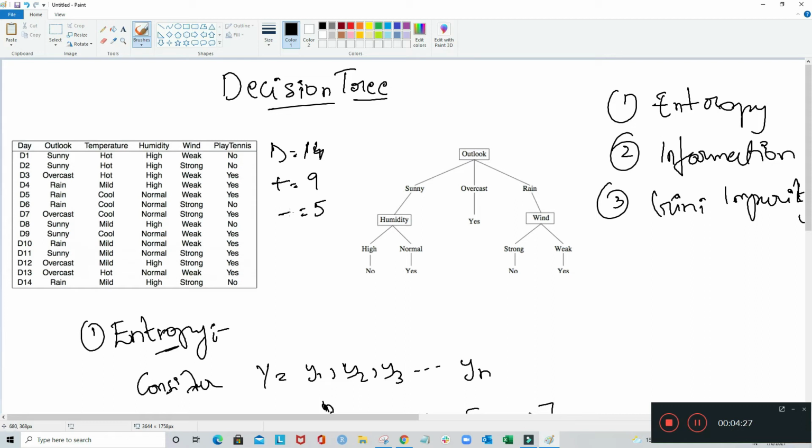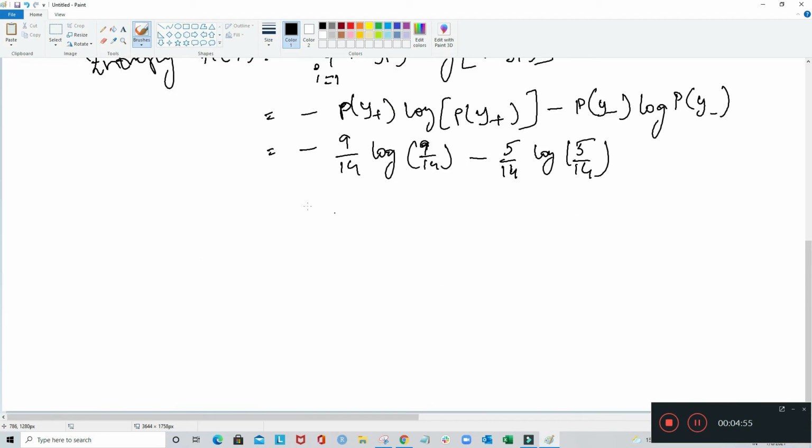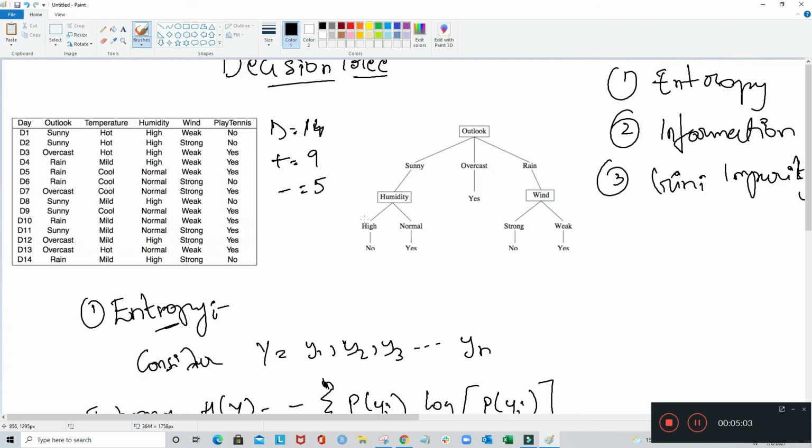So the entropy for this dataset equals minus probability of y plus, which is 9 by 14, log of 9 by 14, minus probability of y minus, which is 5 by 14, log of 5 by 14, and this value comes down to 0.94.